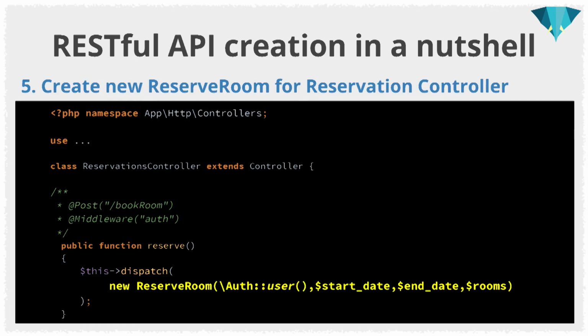Now, going back to the controller, we have the post. The post arrives into bookRoom. The user is authenticated, and now we will dispatch that command down the command bus and pass in, for example, the start and end date of the hotel and how many rooms we want, as an array. The user is authenticated, so we may need to pass that into the command.